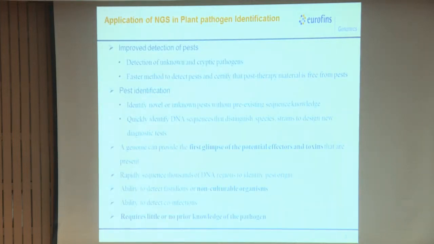The main applications of plant pathogens are, we can identify the pest which is infecting. For example, I have more than one organism infecting, which is a non-culturable bacteria. If it is non-culturable, I cannot identify it with the traditional techniques, right.